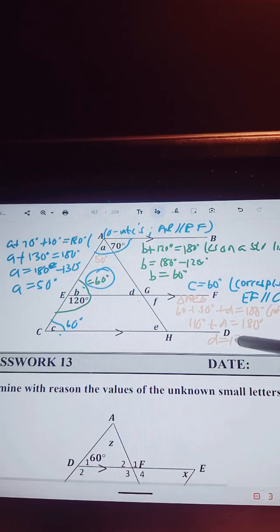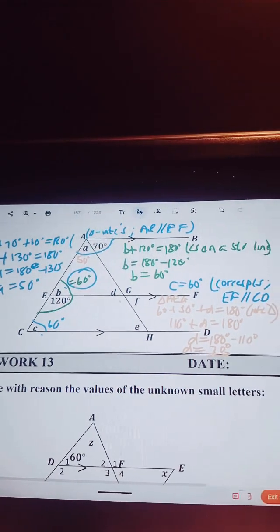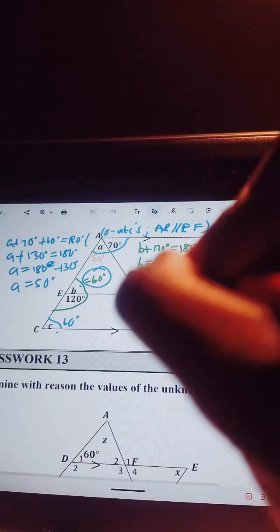D is equal to 180 minus 110, which is 70 degrees.